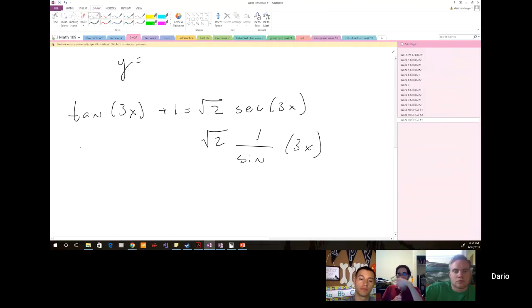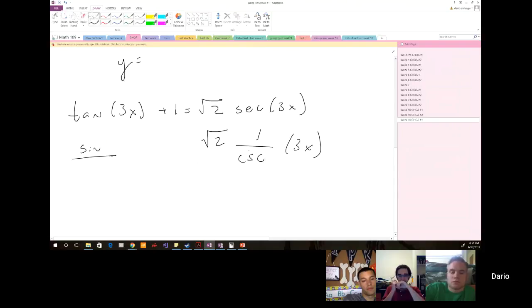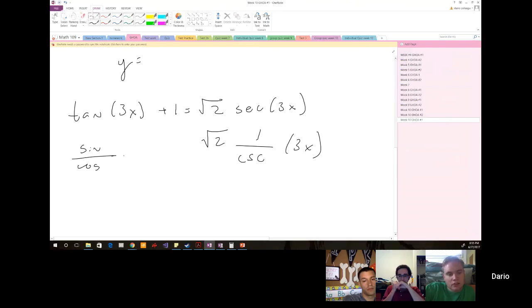Oh, I'm sorry. That's 1 over cosine. Yes, yes. Wow, that was a bad mess up right there. Sorry. No, you're fine. Cosine 3x. I mean, that would be what I did first off. Oh, wow. I wrote cosecant instead of cosine.